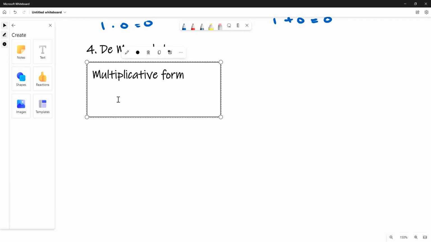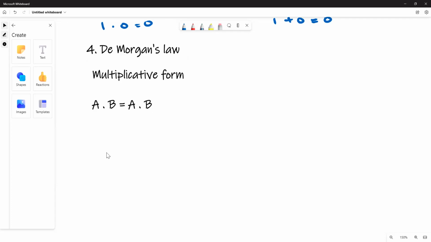So that is, we say (A dot B) total bar is equal to A bar dot B bar, right?